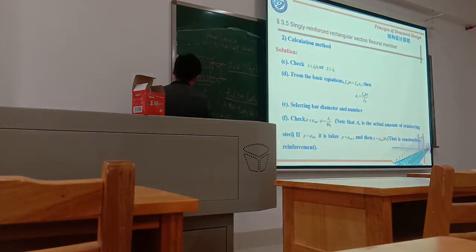Why is this capital AS? Another one is small AS. Because at the beginning we assumed AS. First step we assume AS equal to 30 or 40. But once you determine the diameter and the number of the reinforcement you used, you need to calculate the real AS. Then you use the real capital AS and the real H0 to get the reinforcement ratio rho.